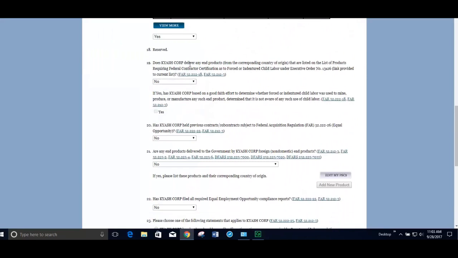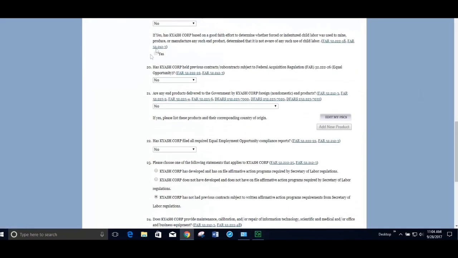Does Kayash Corp deliver any end products from the corresponding country of origin that are listed in the list of products requiring federal contractor certification as to forced or indentured child labor under Executive Order number 13126? That would be no. If yes, has Kayash, based on good faith effort to determine whether forced or indentured child labor was used to mine, produce, or manufacture any such end product, determined that it is not aware of any such use of child labor?